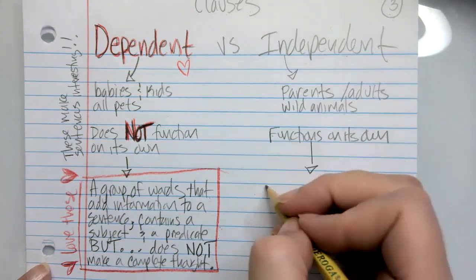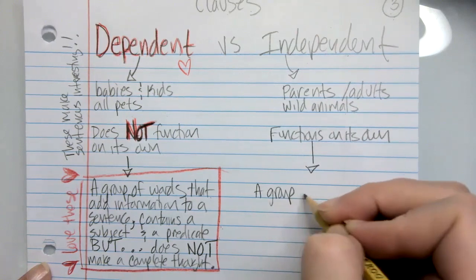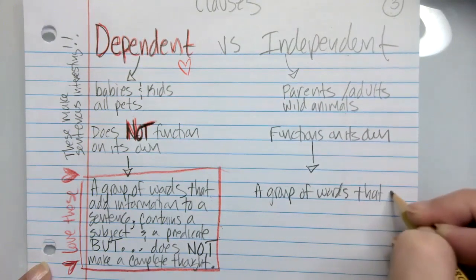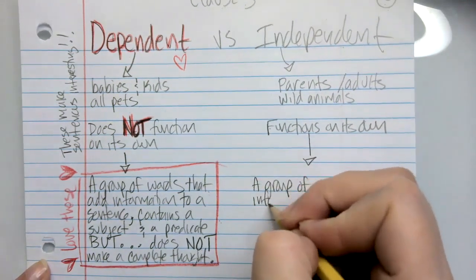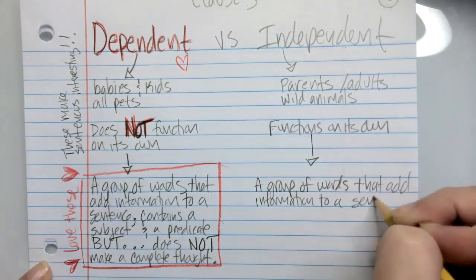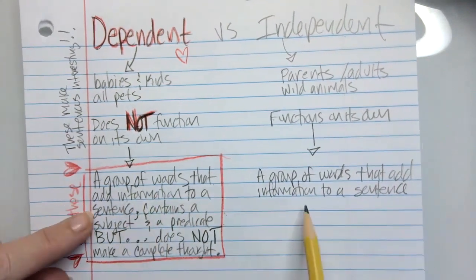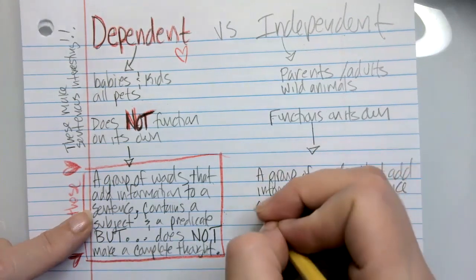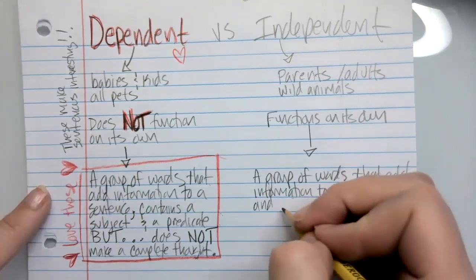And we're going to write the alternative of this, which is that it is a group of words that add information to a sentence. Now at this point, so you see that this is exactly the same as over here, right? But here we have where we differ. And it's a complete sentence on its own.